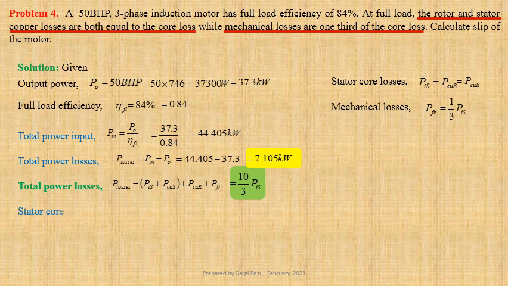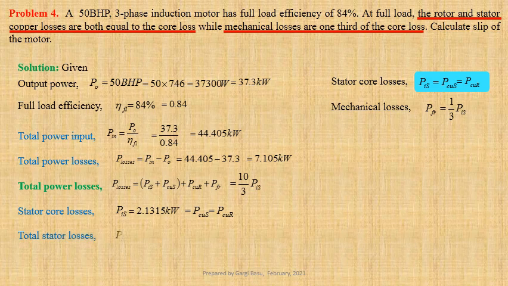Therefore, stator core losses PIS equals 2.1315 kilowatt, that is equal to P copper S equals P copper R. Total stator losses PS equals PIS plus P copper S. Using values, we get 2 into 2.1315, that gives us 4.263 kilowatt.